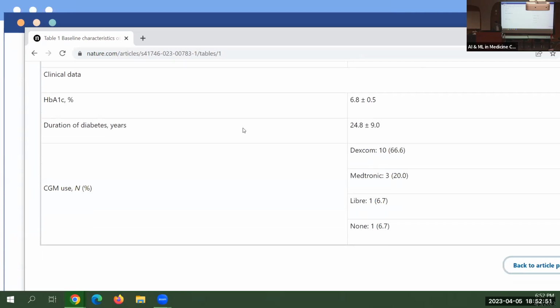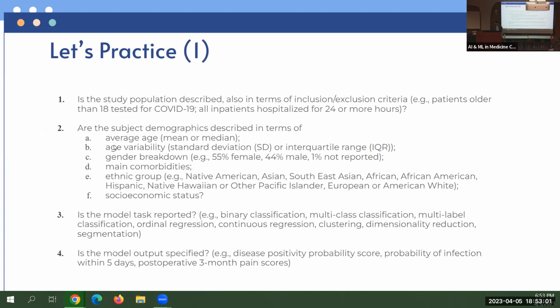But anyways, they also describe HbA1c, hemoglobin A1C, duration of diabetes in years, and CGM use. But yeah, there is average age. There is the age variability, so they talk about the standard deviation. There isn't a gender breakdown, but there's a biological sex breakdown. They don't talk about main comorbidities, I don't think. The table does not have it. I don't remember seeing it in the participants either.